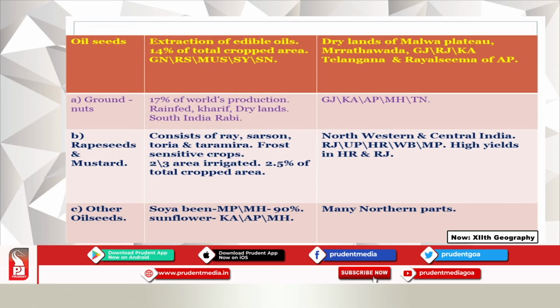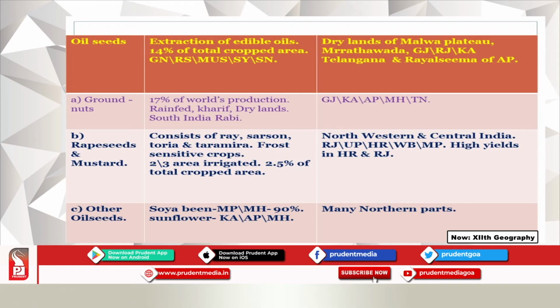There are other oil seeds also, which include soybean. Now, soybean is the major oil seed in India. There is a lot of demand. Madhya Pradesh and Maharashtra are leading producers. 90% of the soybean is cultivated in Maharashtra and Madhya Pradesh together.